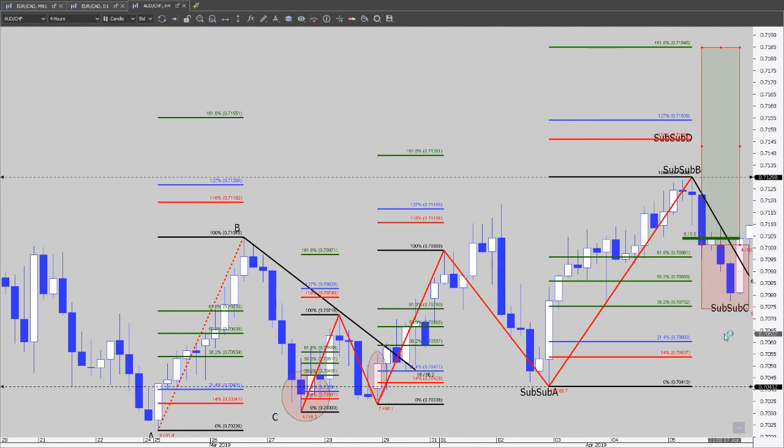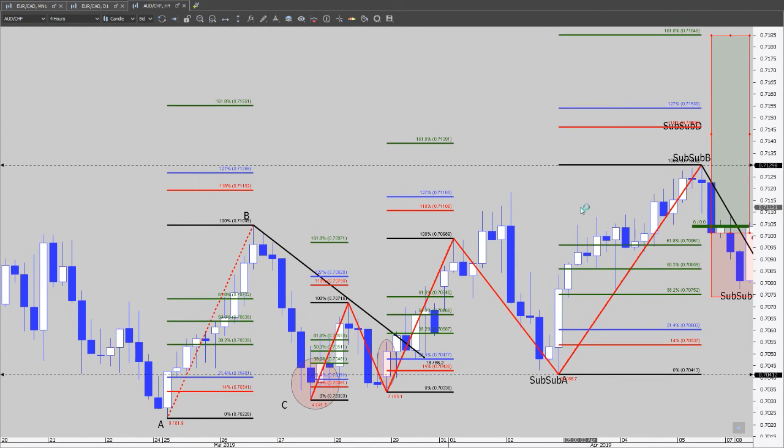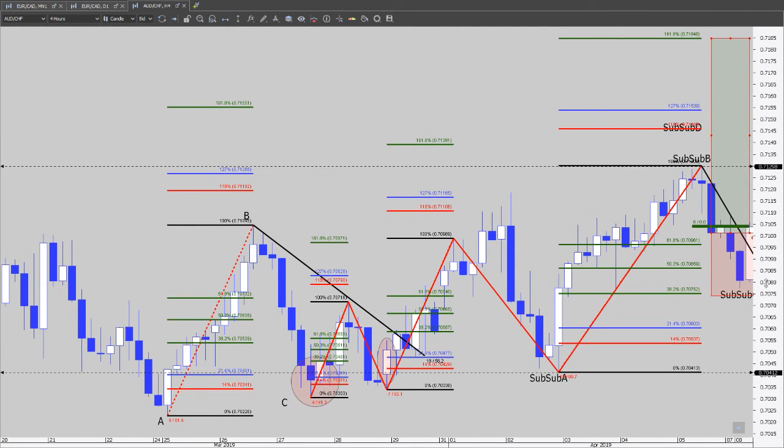Now this makes sense to me, and remember, we didn't enter at the C. If we had entered at the C in here, all of this movement, all of these waves would make profit, right? We would be profitable, but we didn't enter it here.